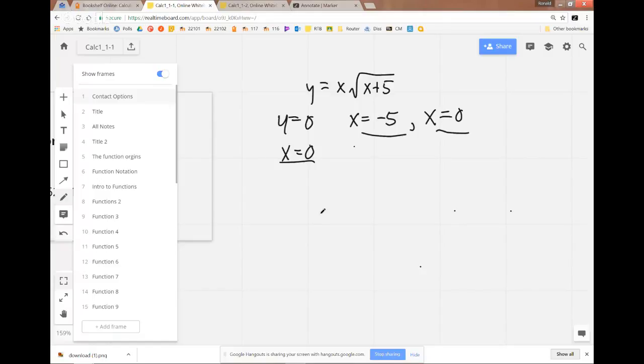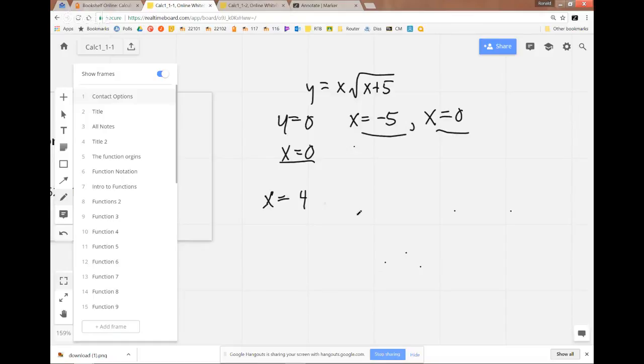On the other side, if y equals 0, that's how you test for symmetry. So let me think about this. Let's try x equals 4.